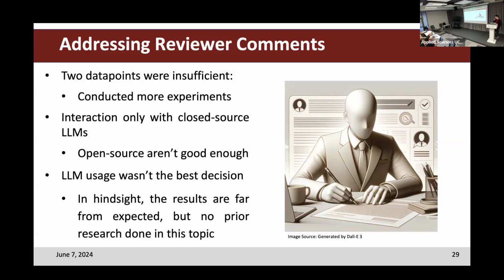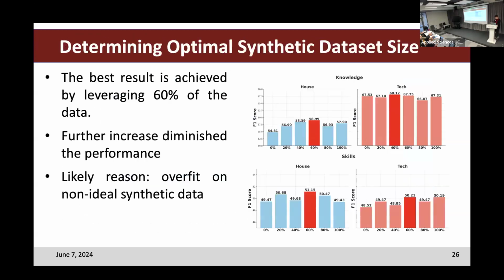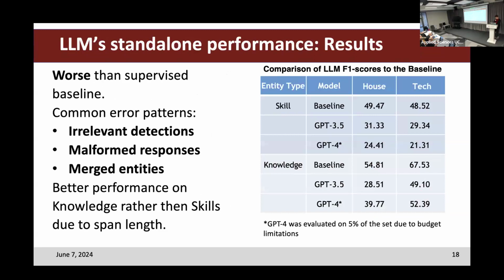If we are talking about these problems, irrelevant detection, malformed responses, merged entities, and probably most of all not following the instruction correctly, like not returning just the sentence but also additional text around it, we found that these results were far worse than the closed source models.